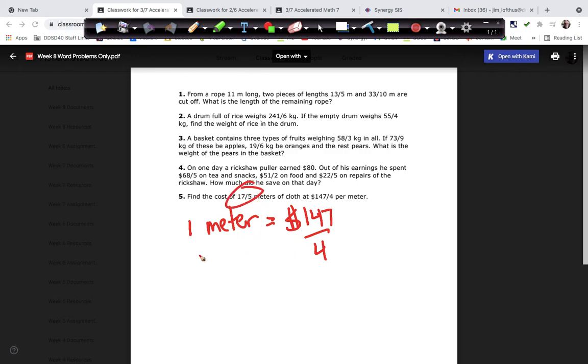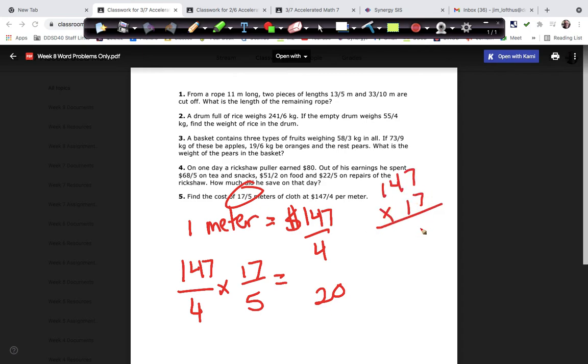That's more than 1, so we're going to multiply 147 fourths times 17 fifths. So 4 times 5 is 20. 17 times 147 is 1,499 twentieths.